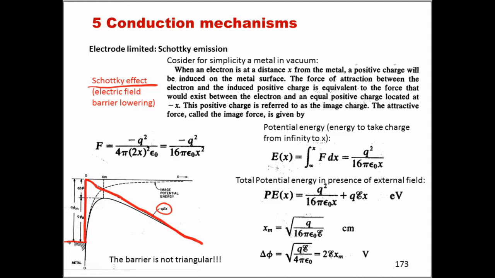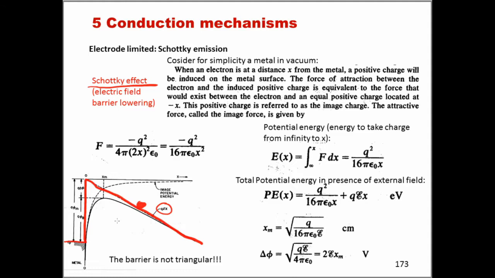But now we need to realize that if we place a charge here, for example a negative charge, this charge will create an induced charge in the metal, and this induced charge will produce a potential energy as well.